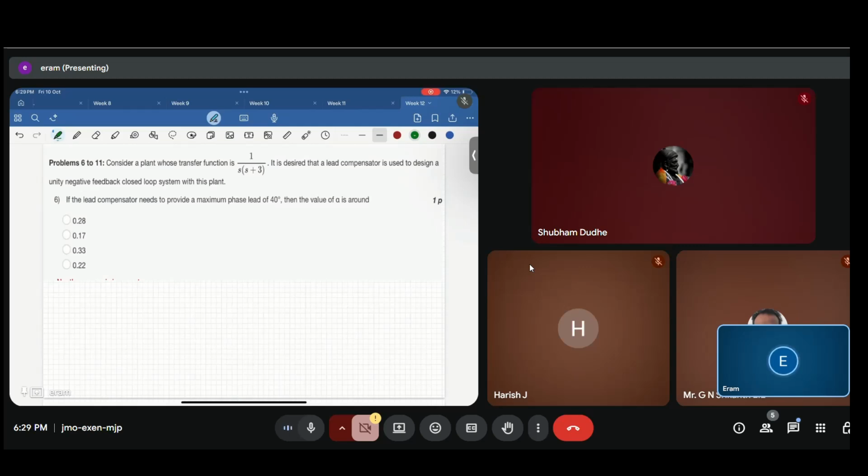Very easy. We are given phi m, which is sine inverse of (1 minus alpha) by (1 plus alpha), and this is given as 40 degrees. So using this calculate the value of alpha.